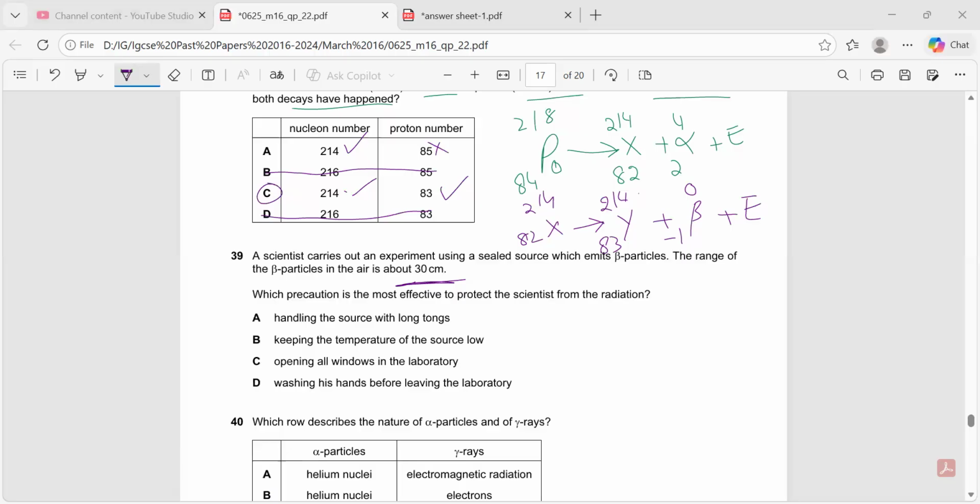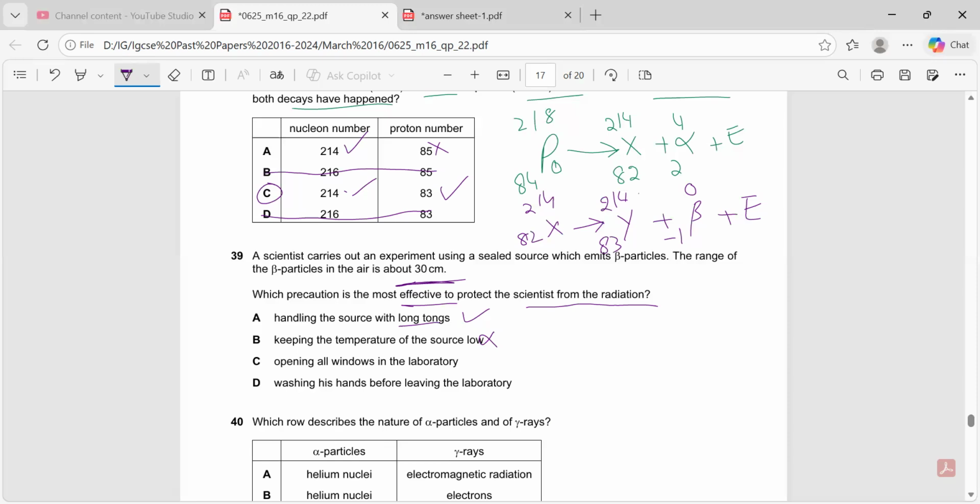Which precaution is the most effective to protect scientists from the radiations? Handling the source with long tongs, yes, it may work. Keeping the temperature of the source low: radioactivity is random and spontaneous, it is not affected by temperature or environmental conditions, so B is wrong.